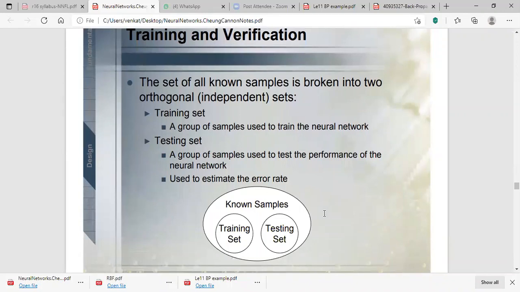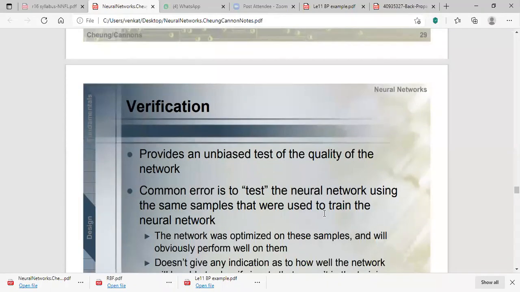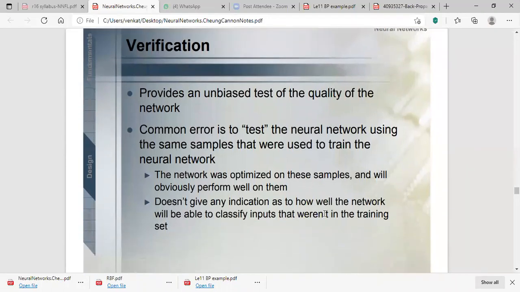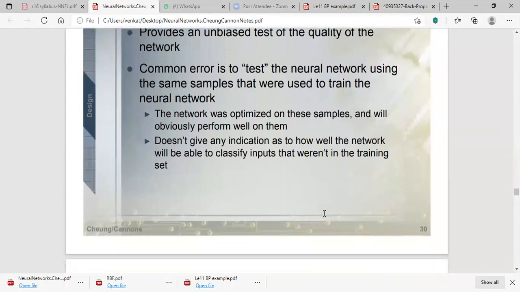Okay, a group of samples used to train your neural network is called training set. And a group of samples used to test the performance of your neural network, which is used for estimating your error rate, are called testing set. So once you are training and testing, you need to go for verification of your neural network output, whether the desired output is obtained or not.